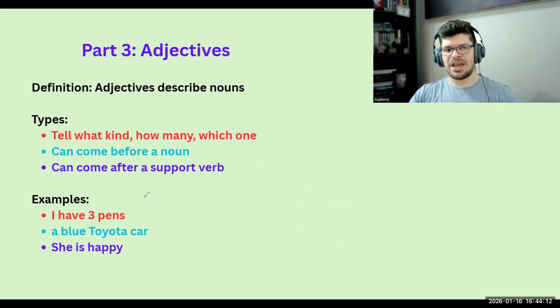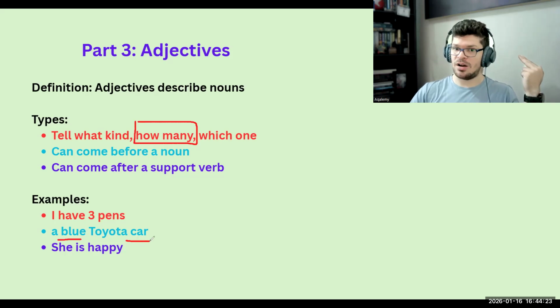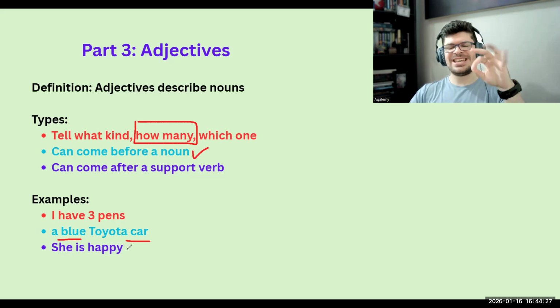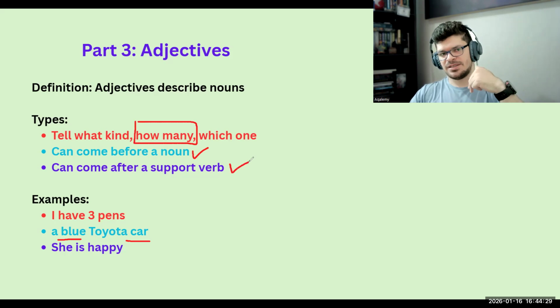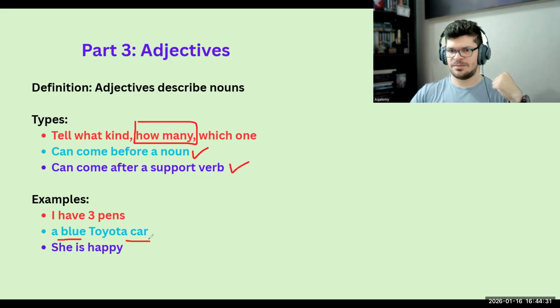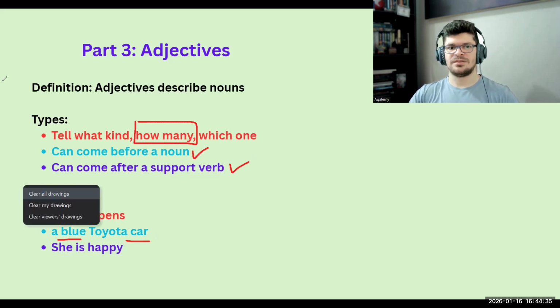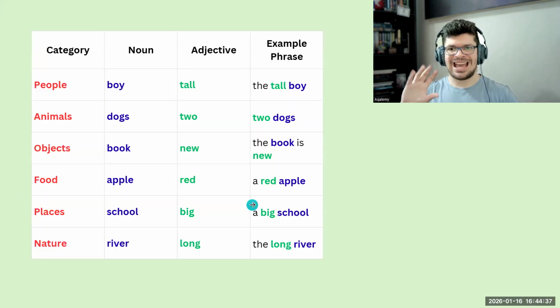Look at the color and join. I have 3 pens. It tells us how many. A blue Toyota car. Blue is before car. So it join. She is happy. After support verb. Okay. I hope you understand. Let's look at more situation.